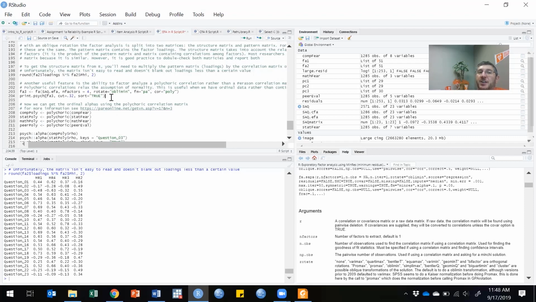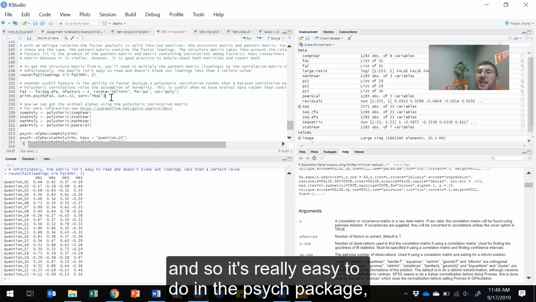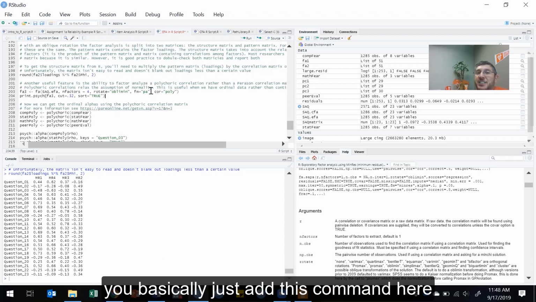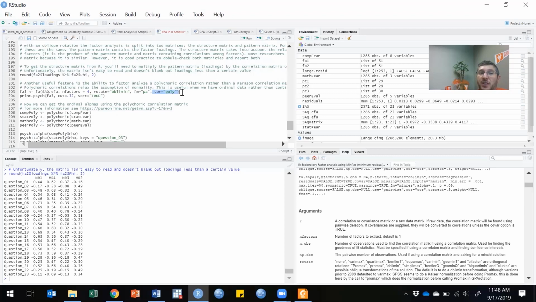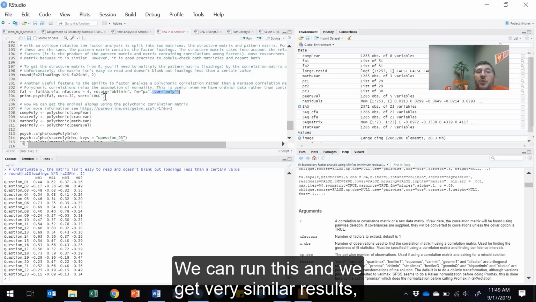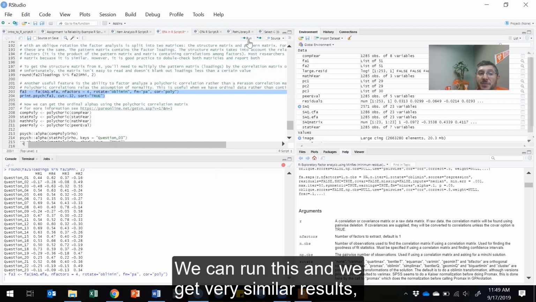correlation matrix. And it's really easy to do in the psych package. You basically just add this command here that says to use the polychoric correlations. We can run this and we get very similar results.